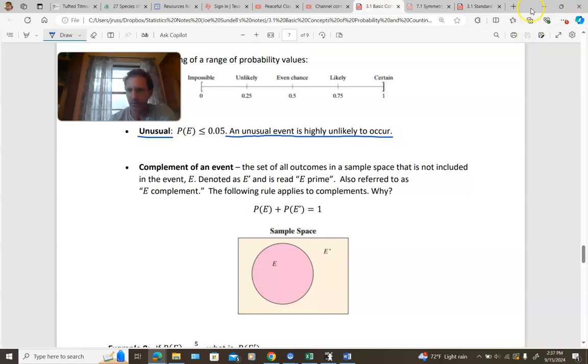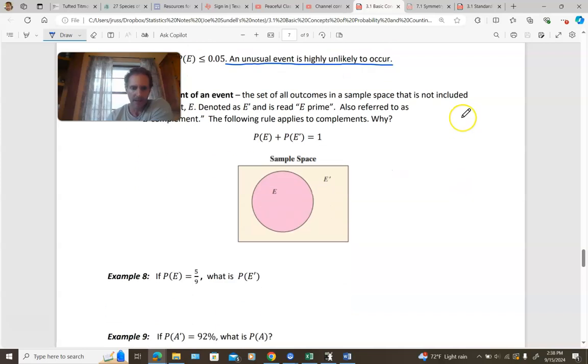So you remember from, I guess it was 2.4, when we were talking about standard deviation, the empirical rule said that within two standard deviations, we have 95% of the data of a distribution. So we said that anything outside of that was unusual. So this is essentially stating the same thing, just in probabilistic terms.